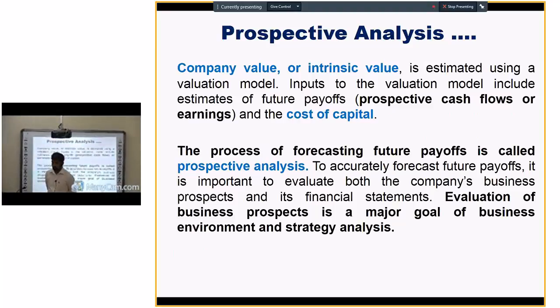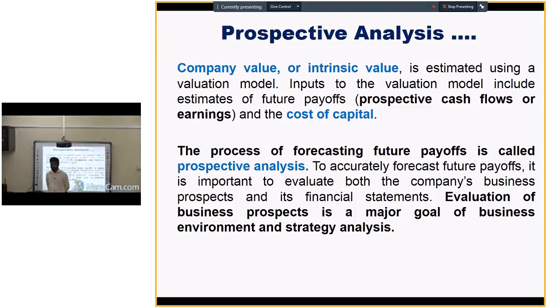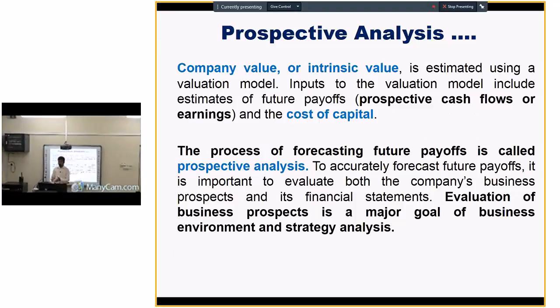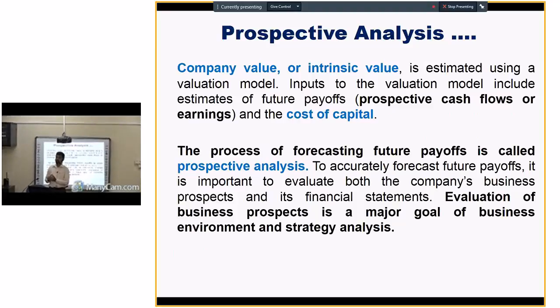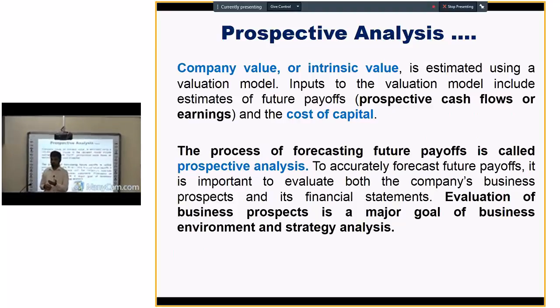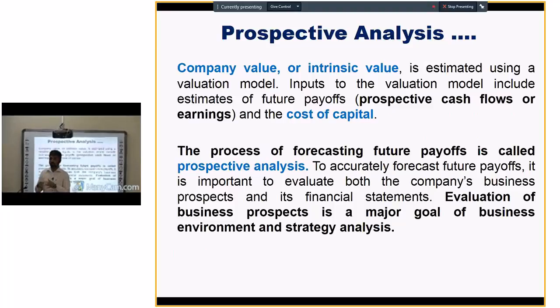The process of forecasting future payoffs is called prospective analysis. Now, as you all know, it is very easy to discount future value into today's value, that means discount to the present value, right?